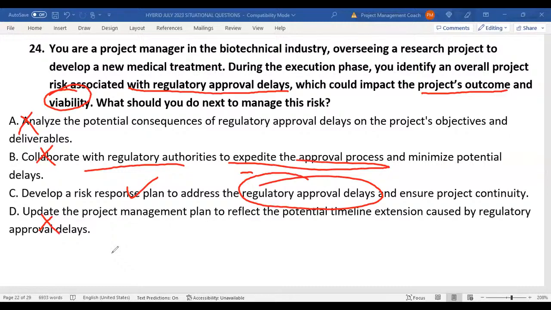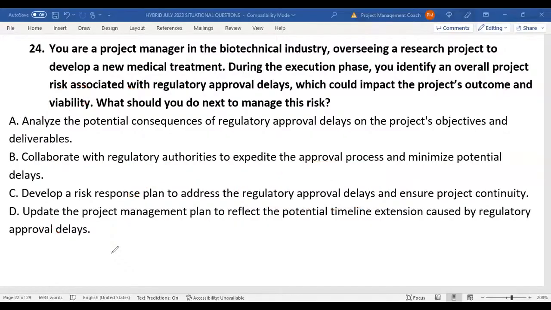It's presumptuous, right? But if we look at C, let's take all the markings away. Develop a risk response plan to address the regulatory approval delays, whatever that might look like. We don't know right now, and ensure project continuity. It will lead to a win. But in B, how do we know we have those inroads? And how do we know that will lead to a win?